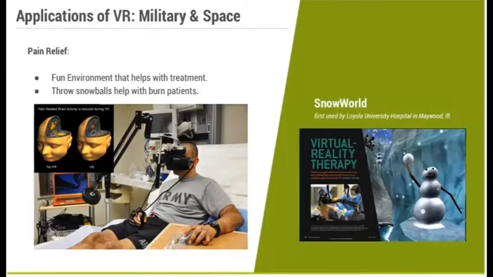And again, this is something really cool that I found. In this case, it's for military treatment. It's pain relief, and it's basically a game for people that have suffered burn injuries and are in recovery. The recovery and the treatment for that is really painful.